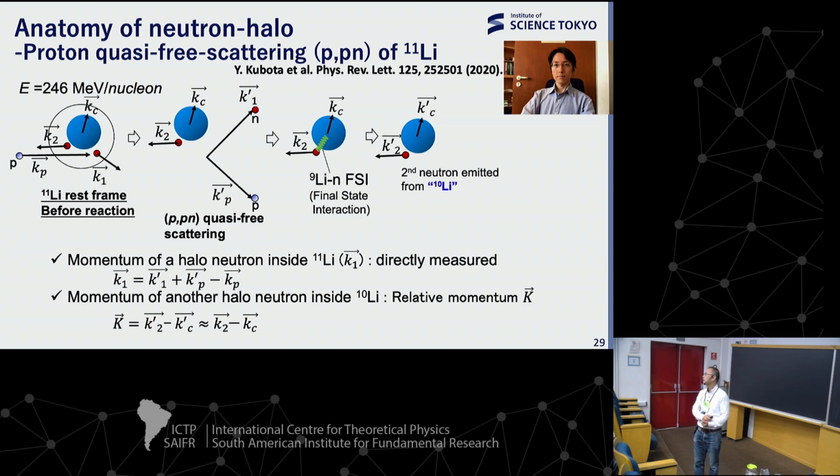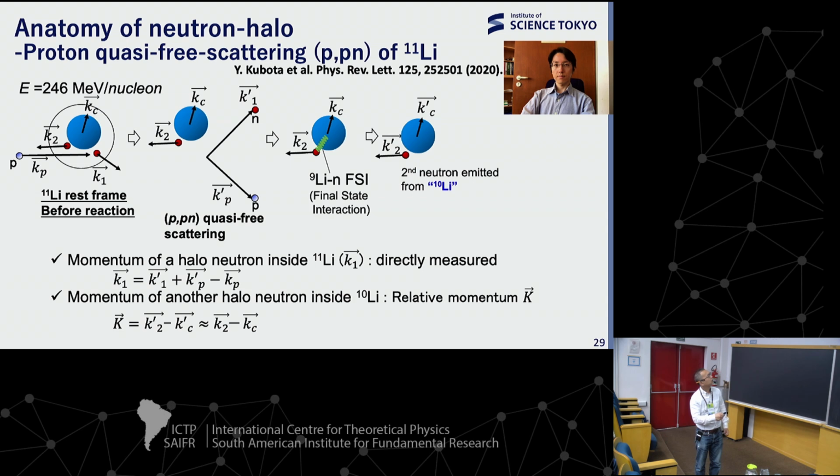And after that, you knock out one neutron, and this can be measured by this momentum, right? And in this experimental setup, you mentioned this missing momentum, which is related to K1 or K1 prime?